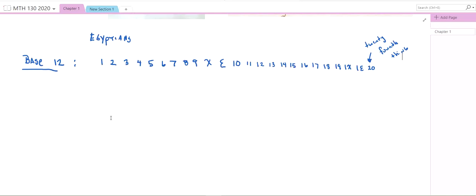It's also easier to deal with ideas like a third of something in a base 12 system, because you aren't going to end up with a decimal that goes on forever, as opposed to a whole number.